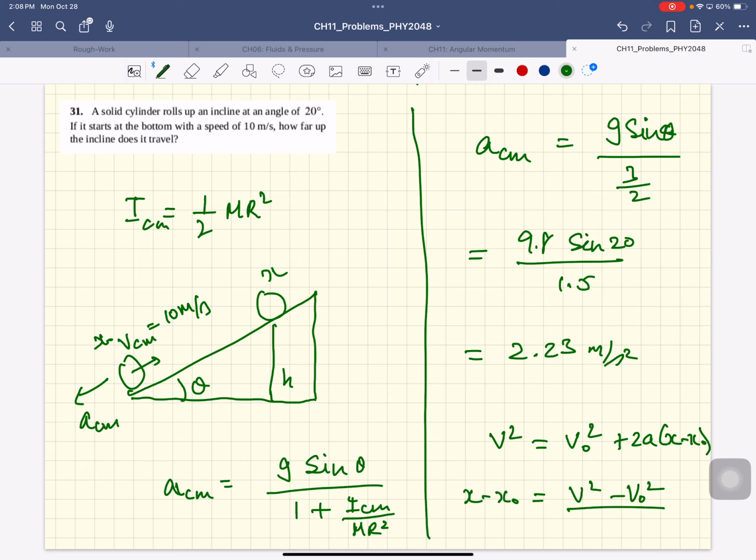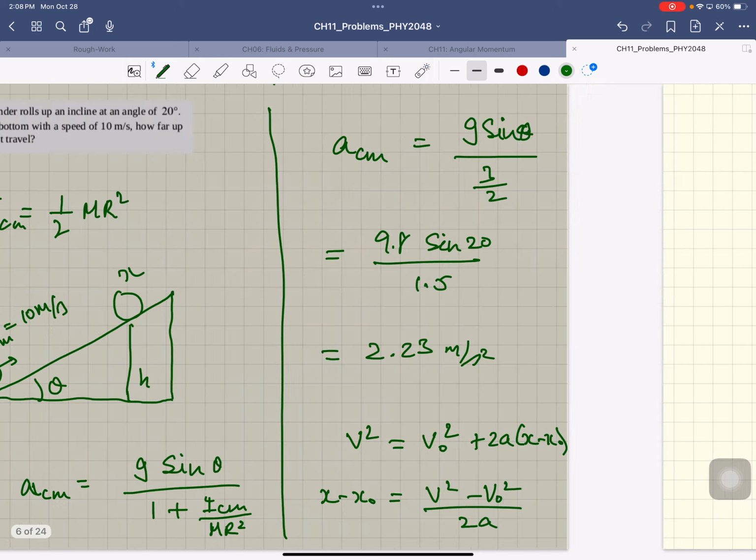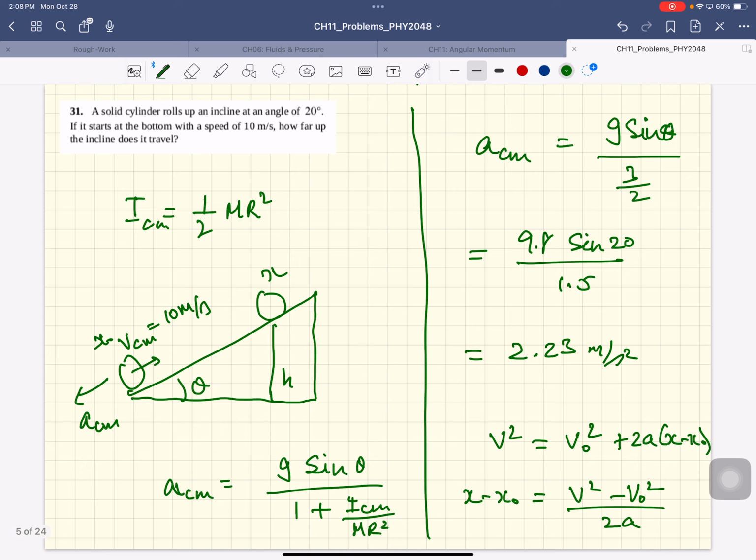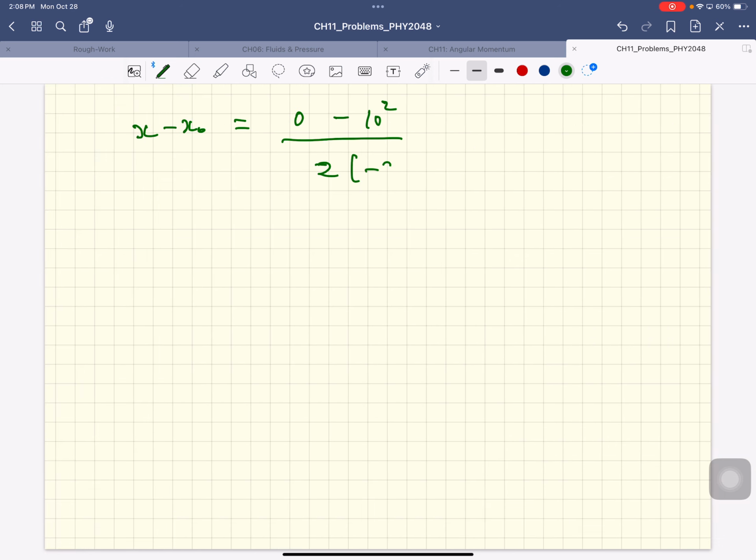All right. So x minus x naught, that's the distance it travels up the incline, is 0 minus 10 squared divided by 2 times the acceleration, which was negative 2.23 meters per second squared.